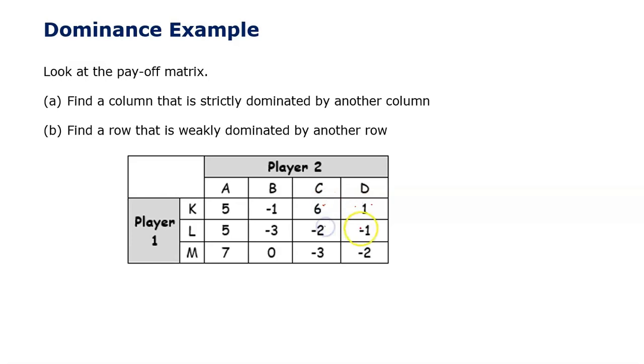Now, -2 is not. -2 is smaller. So with C and D, there's nothing going on. I'm going to try B and C now. I bet it's to do with A. I went to the last one. So 6 is bigger than that. -2 is bigger than that. But -3 is smaller than 0. So B and C aren't dominated.